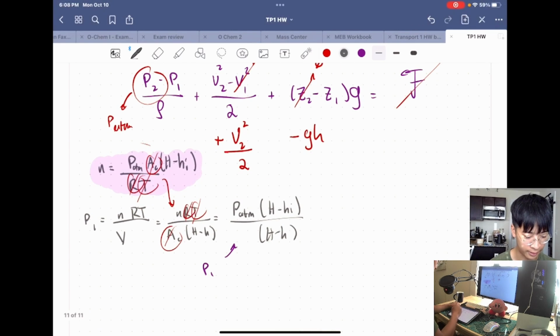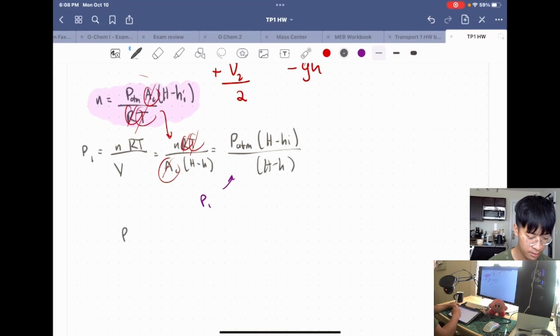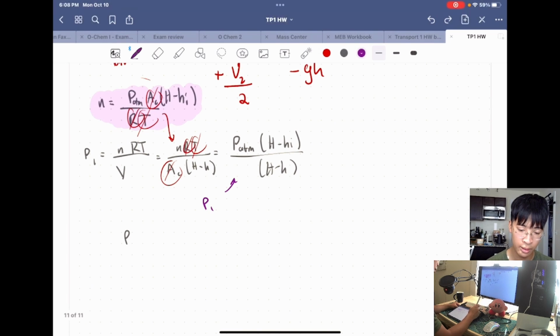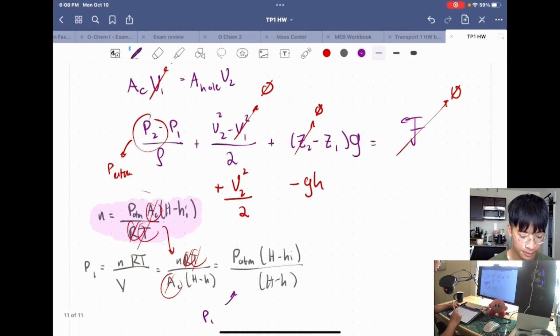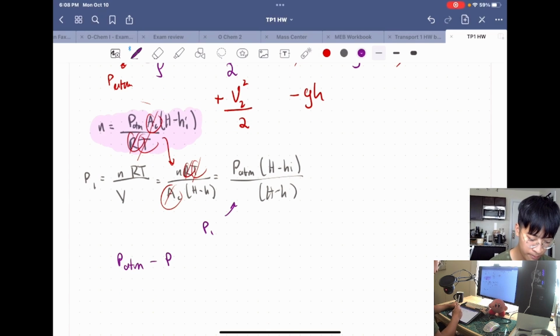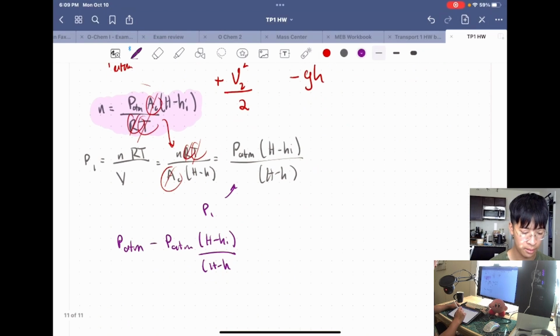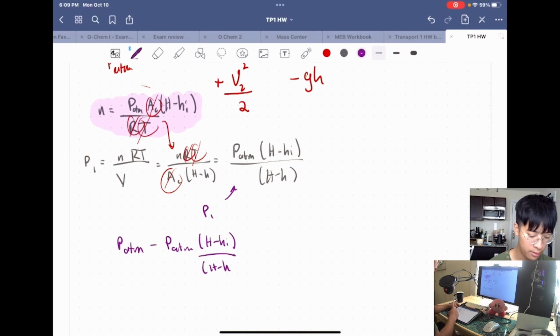P2 is PATM, so PATM minus P1, our expression for P1, PATM times (H minus HI) over (H minus h), all of that over rho.